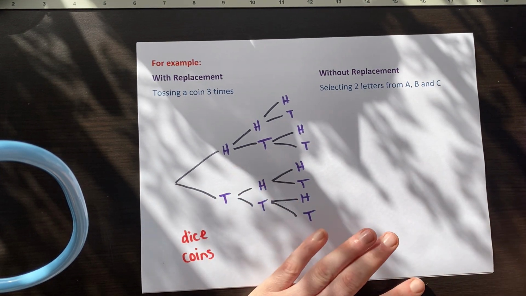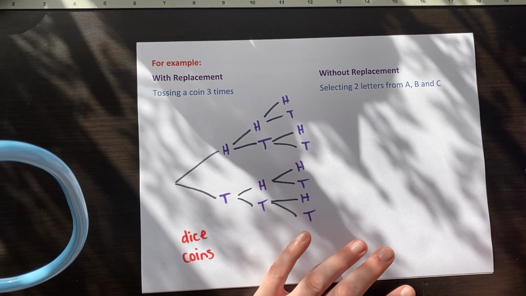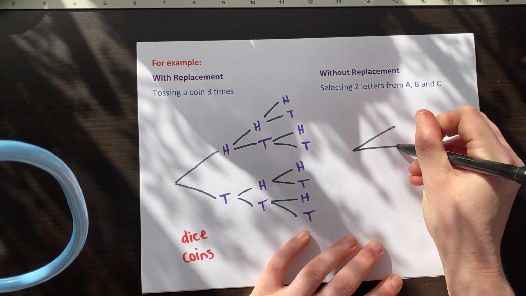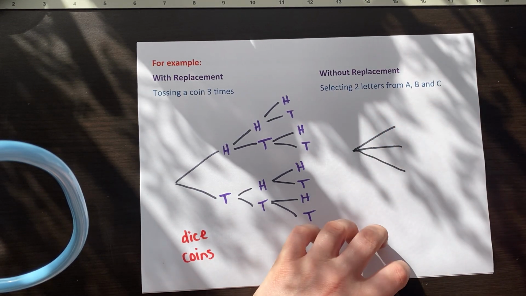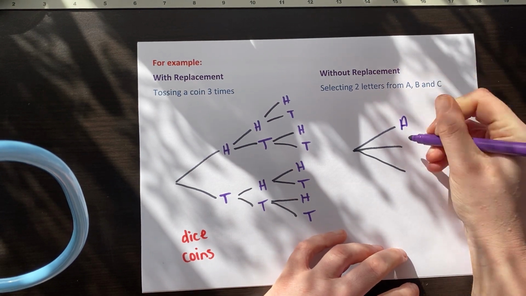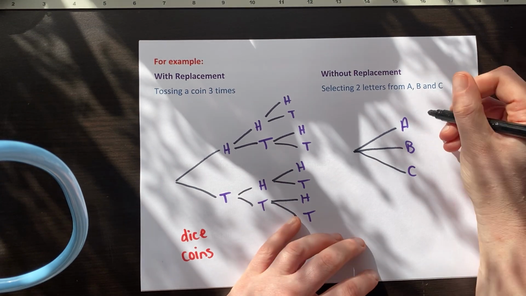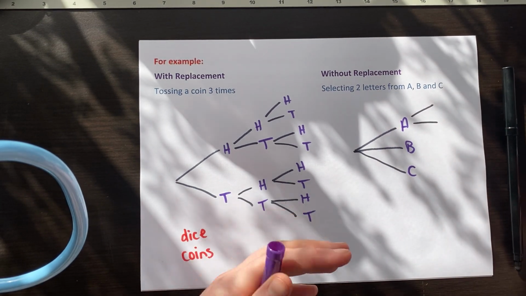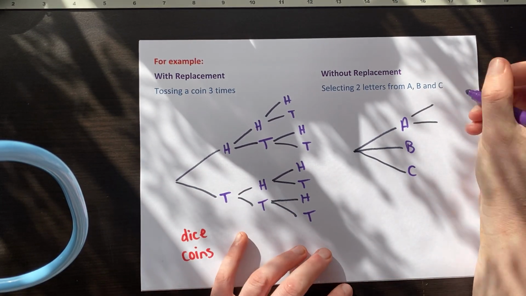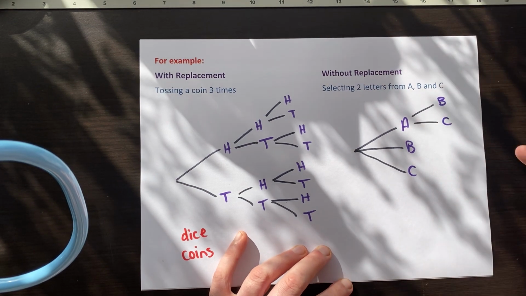Then we've got ones that are without replacement. Let's say we had cards with A, B, C on them, and we put them in a hat. If we pull out an A first, we don't put it back in. Then we go to pull out our second letter, and there's only a B and a C left.